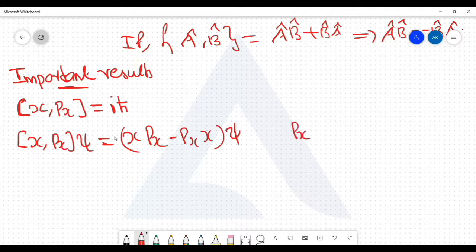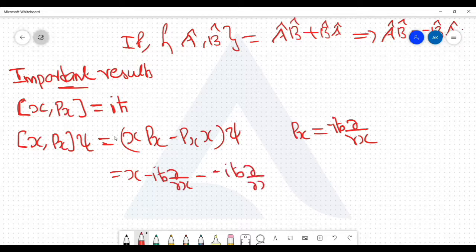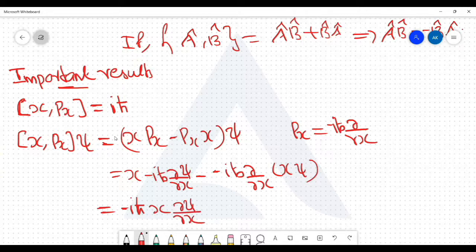But px is nothing but minus iħ ∂/∂x. So x times minus iħ ∂/∂x, minus minus iħ ∂/∂x acting on xψ. This is minus iħ x ∂ψ/∂x, and here minus becomes plus iħ.